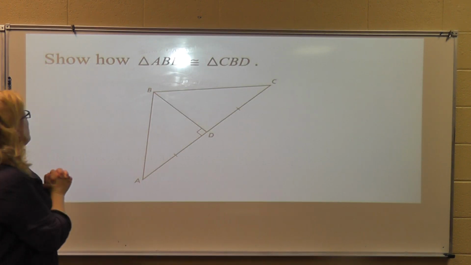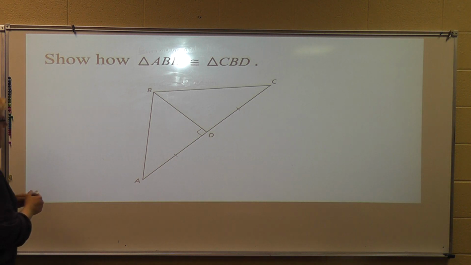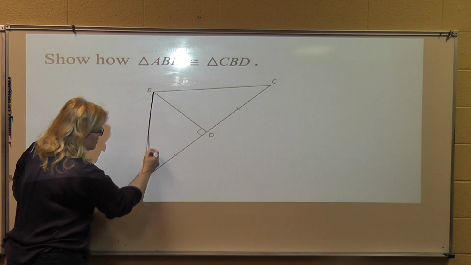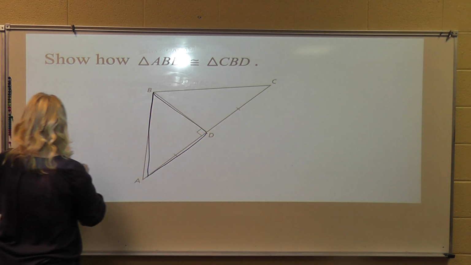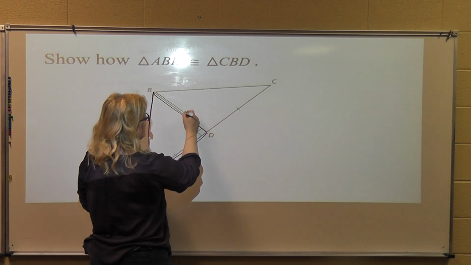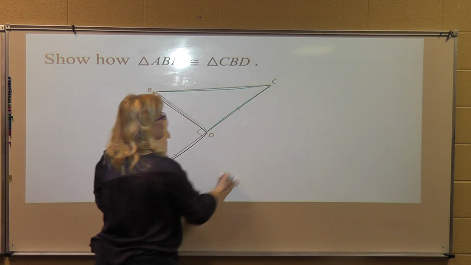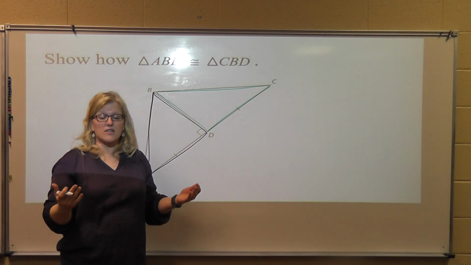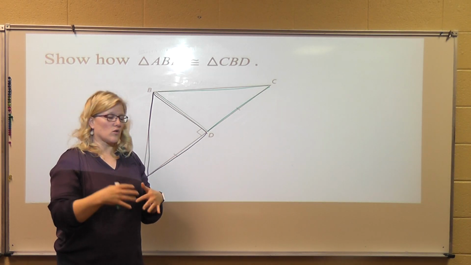Show how ABD, so this triangle right here, is congruent to CBD. Since we're learning about side, angle, side, we're going to show how the sides and the angle are congruent to each other.